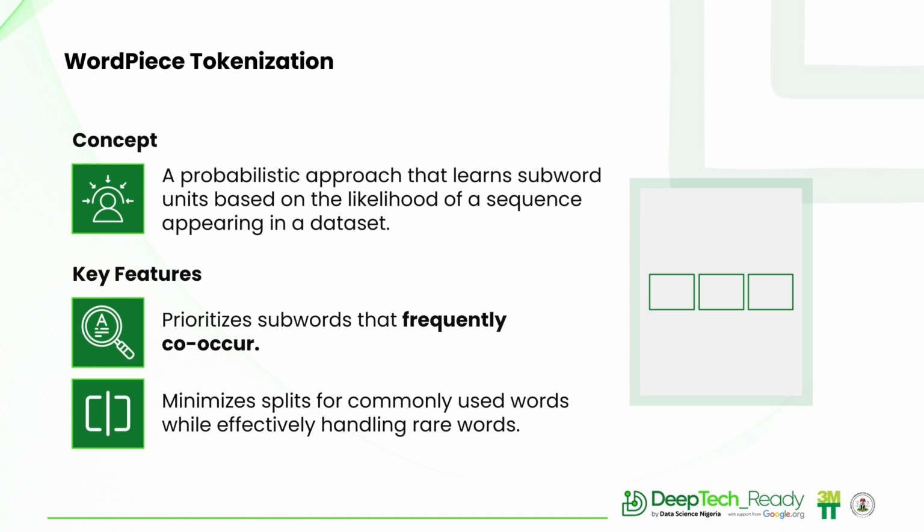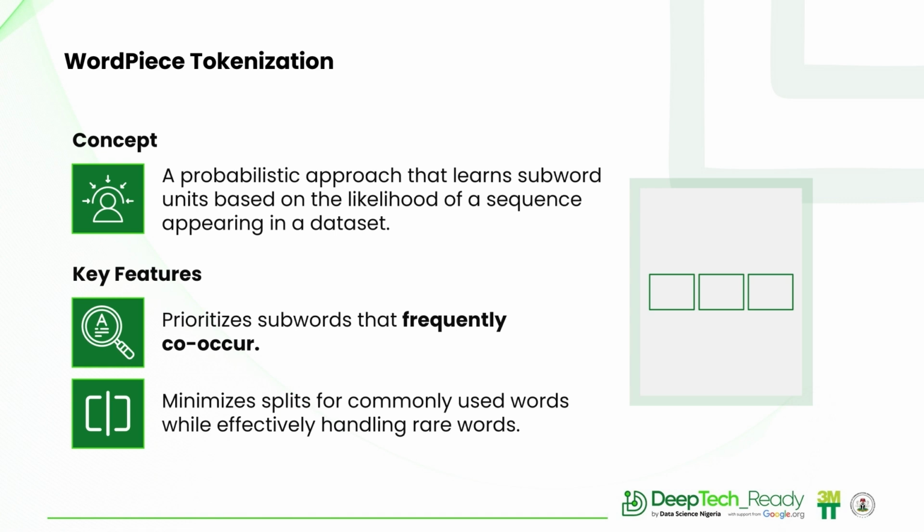One of its key strengths is how it handles frequent words. For example, if a word appears often in its full form, WordPiece will try to keep it intact as opposed to splitting it into smaller units. This helps minimize unnecessary splits for commonly used words.